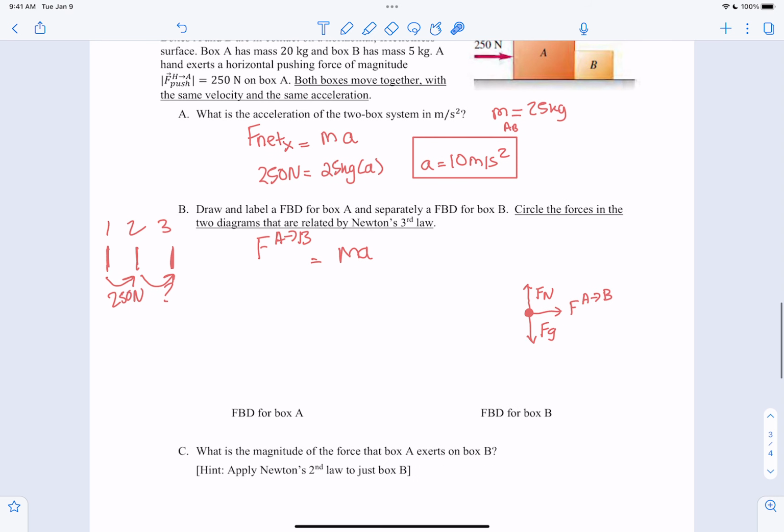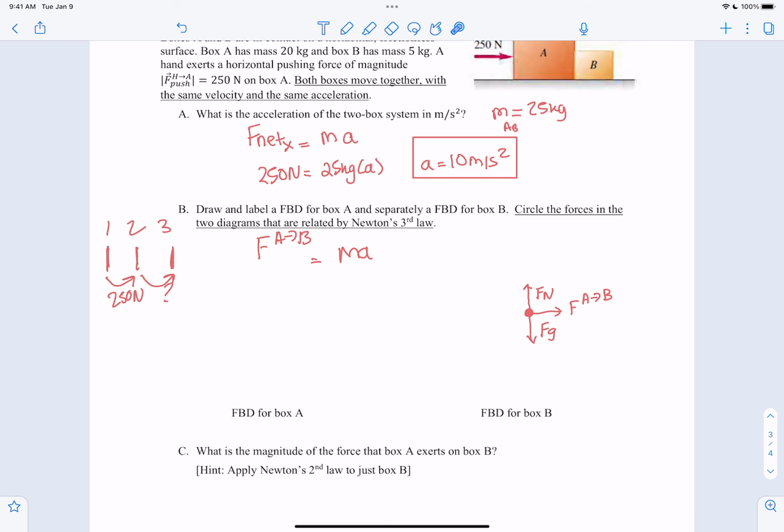So when you're individualizing the perspectives, when you're looking at one specific object and separating it from the overall two-box system, you're going to be looking at what this object feels. When we're calculating its perspective, quote unquote, we're going to be factoring in only its mass, so that's 5 kilograms times some acceleration.